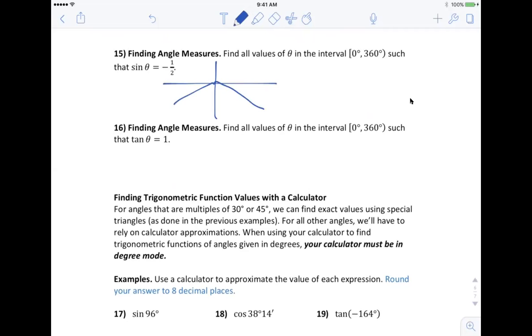Now I'm going to think about what that triangle would have to look like for a ratio to be -1/2. Remember, sine is y over r. So that would be a -1 here and a 2 there. Same over here, -1, 2, right? And then I can see now this is a 30, 60, 90 triangle. By Pythagorean theorem, this is going to be √3.